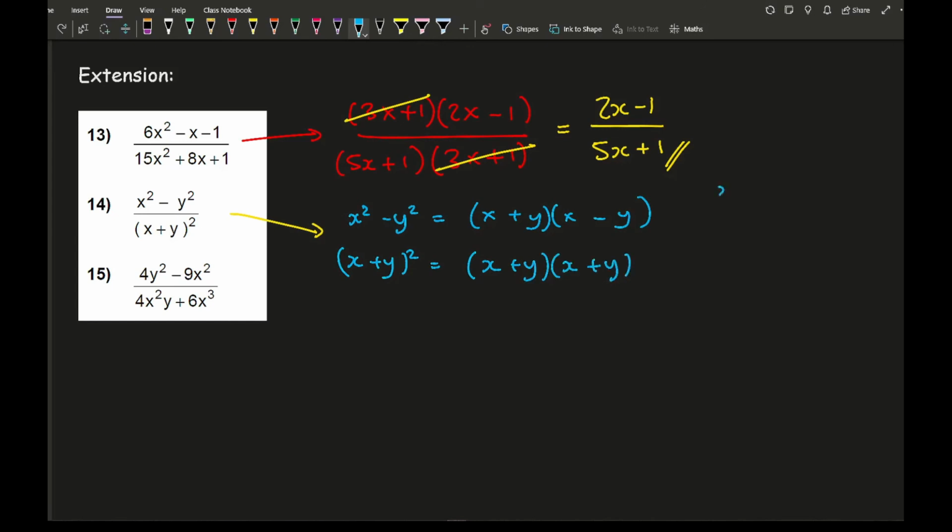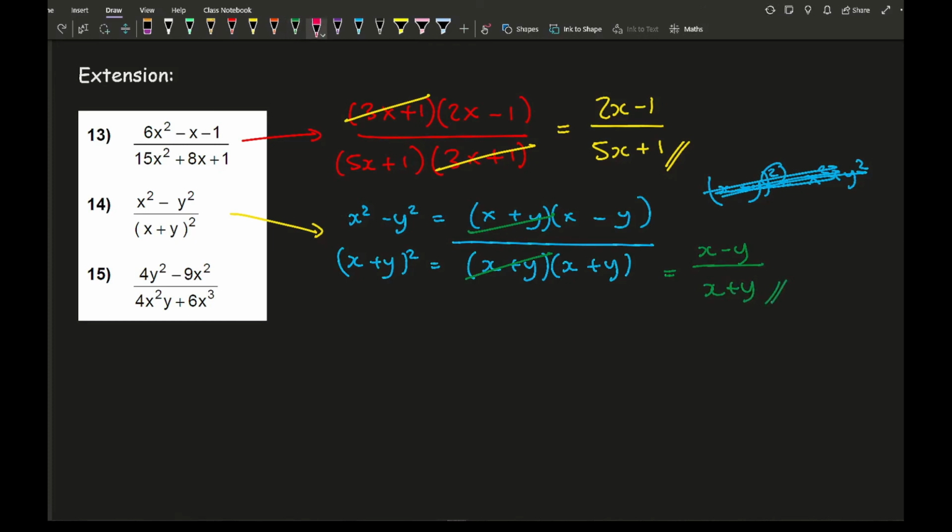And again, there's always one student in my class that used to think that x plus y all squared is x squared plus y squared, which it isn't, because obviously the square represents double brackets, so don't do that. So expanding these out, both the numerator and the denominator have got an x plus y, so I can cancel that out. So what's left is x minus y over x plus y, and there is my final answer.